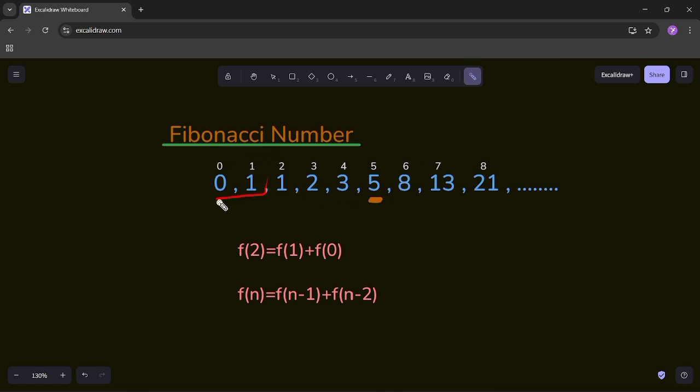This is going to be our base case, because at the 0th index, our Fibonacci number is also 0, and if n is equal to 1, our Fibonacci number is also 1. Right, so these are going to be our base cases for our recursion.